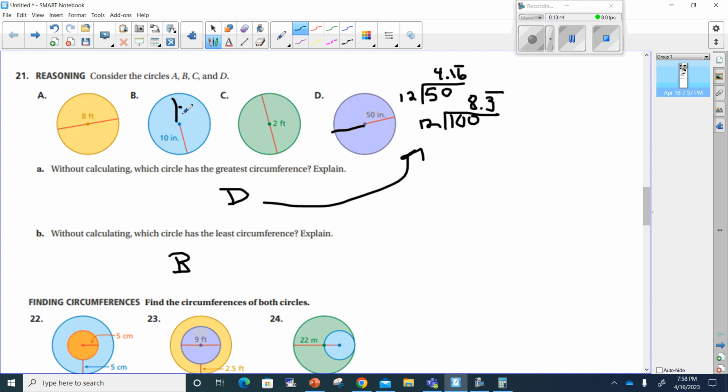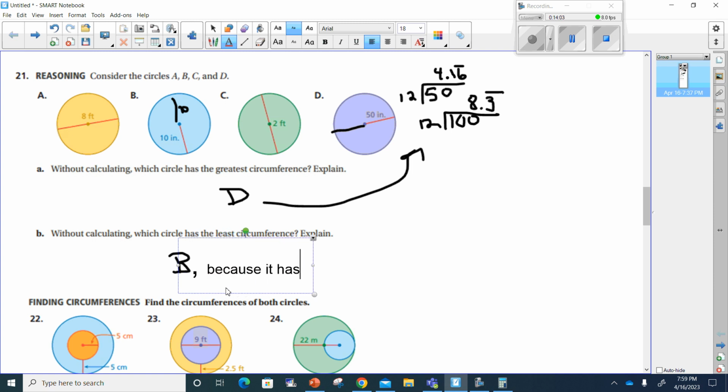Because this is going to be 20, and 10 and 10 is 20. And together, that's not even 24 inches to make 2 feet. So B, because it has the smallest diameter.